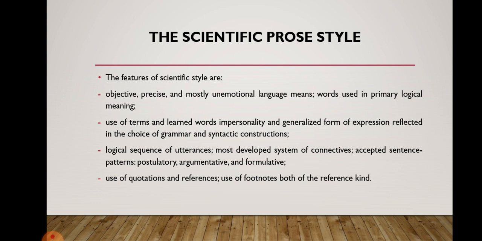The next style we are going to discuss is the scientific prose style. The features of scientific style. The language of science is governed by the aim of the functional style of scientific prose, which is to prove a hypothesis, to create new concepts, to disclose the internal laws of existence, development, relations between different phenomena.